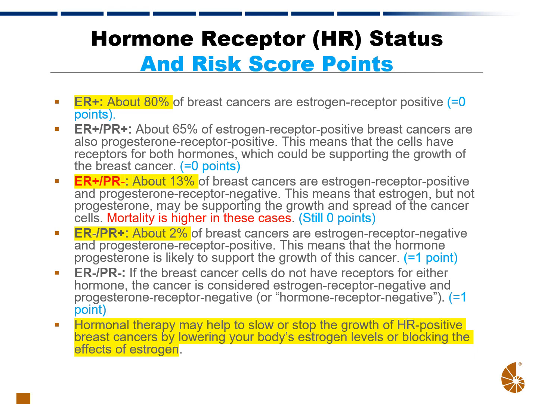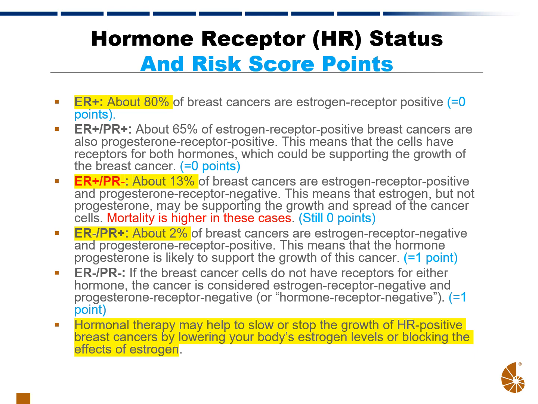In about 2%, a very small portion, the estrogen receptor is negative but the progesterone receptor is positive. In that case, because the estrogen receptor was negative, you get a point. So that would increase the risk.